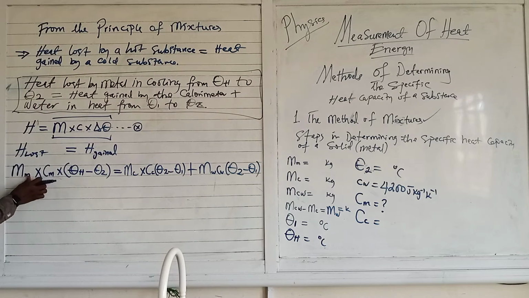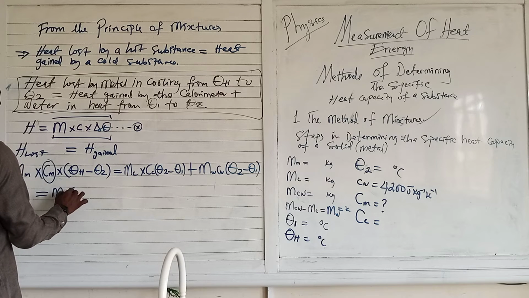At this point, you come back to this equation and you make Cm the subject of the formula. If you do that correctly, this is what you will have. We have Cm is equal to, that is, you divide both sides by mass of the metal times this heat change.